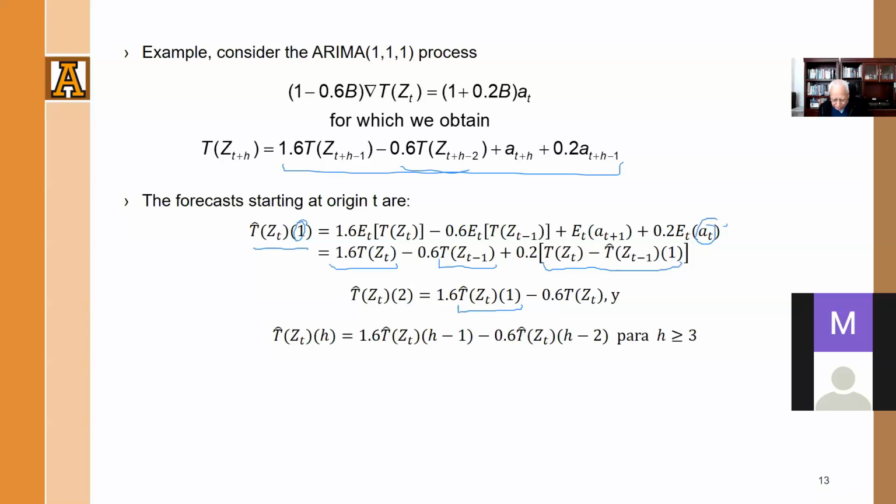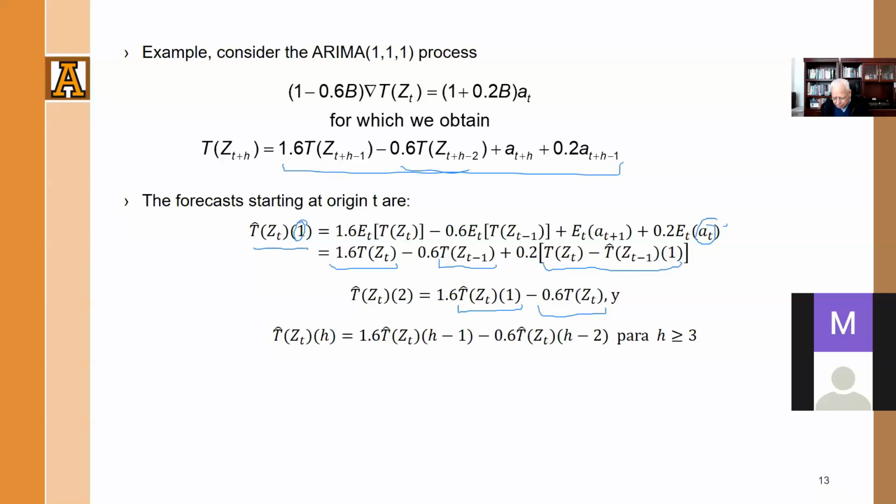Then the next term is minus 0.6 E_t of Z_{t+2-2}, when h is equal to 2. That's time t, so we know the actual value. We know that that's 0.6 Z_t, because we know what Z_t is. And then the other term, the expected value of A_{t+h} for h equal to 2, that's 0, because that's in the future, and the white noise has 0 mean.